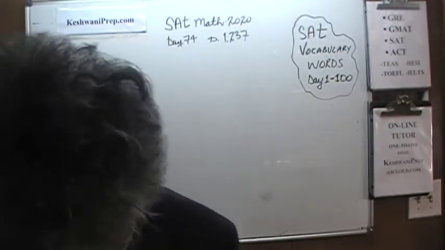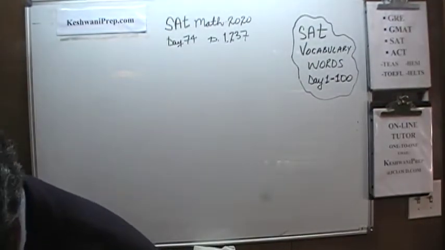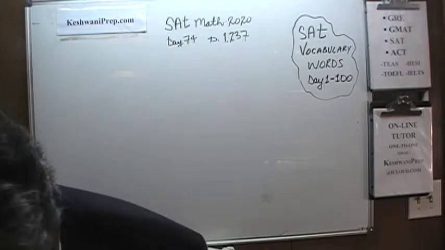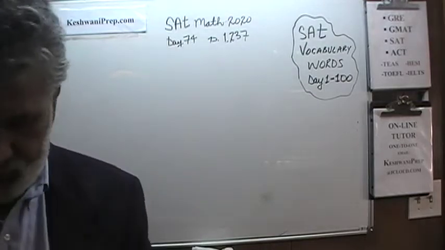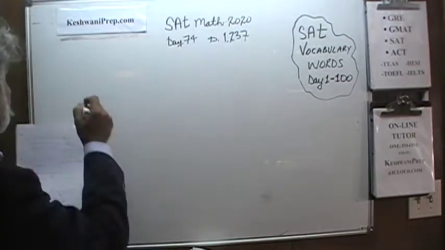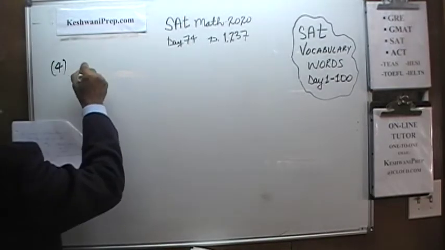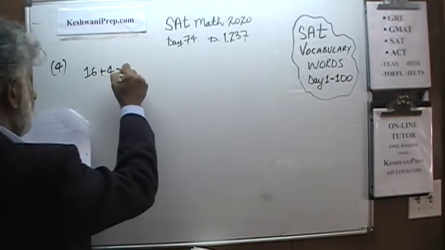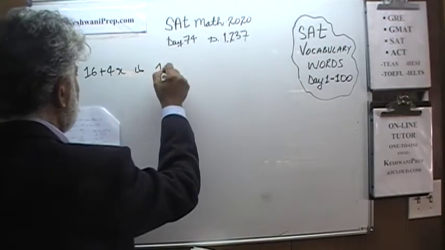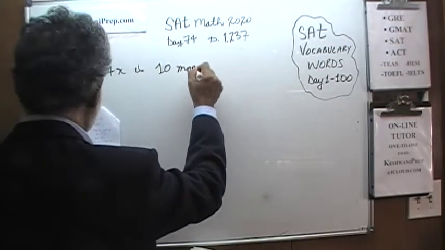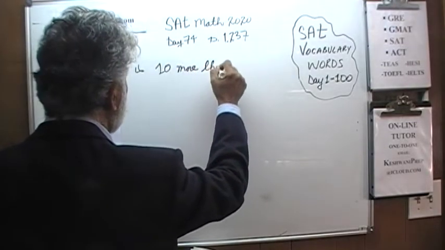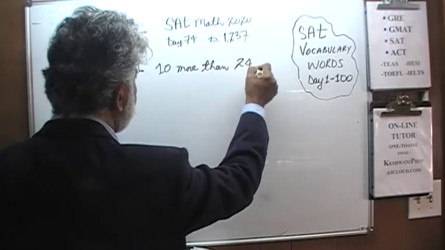In question number 4, we are told that 16 plus 4x is 10 more than 24.